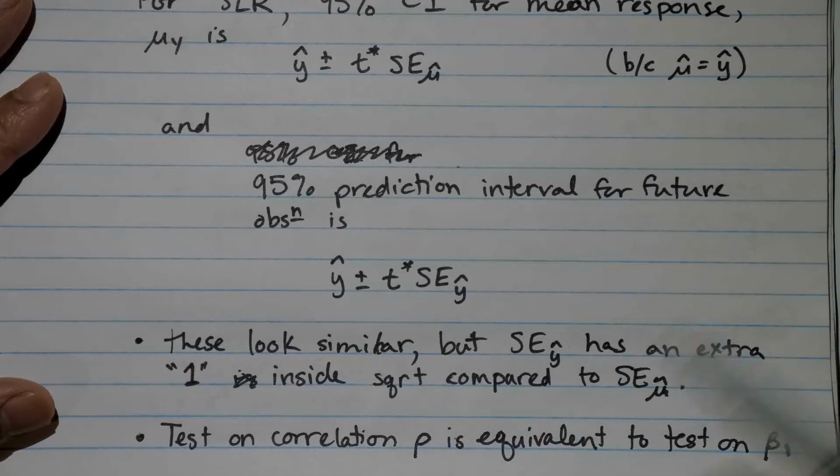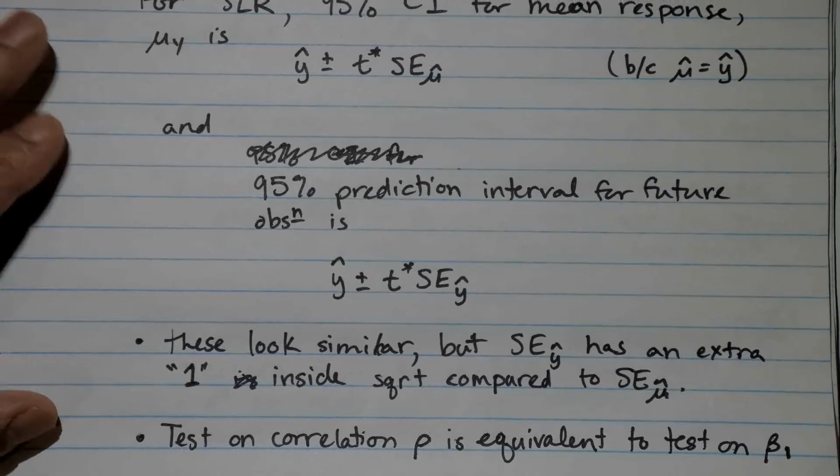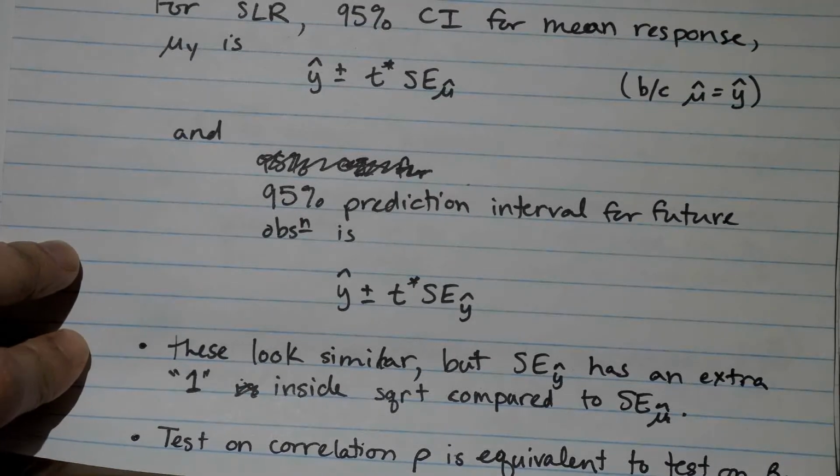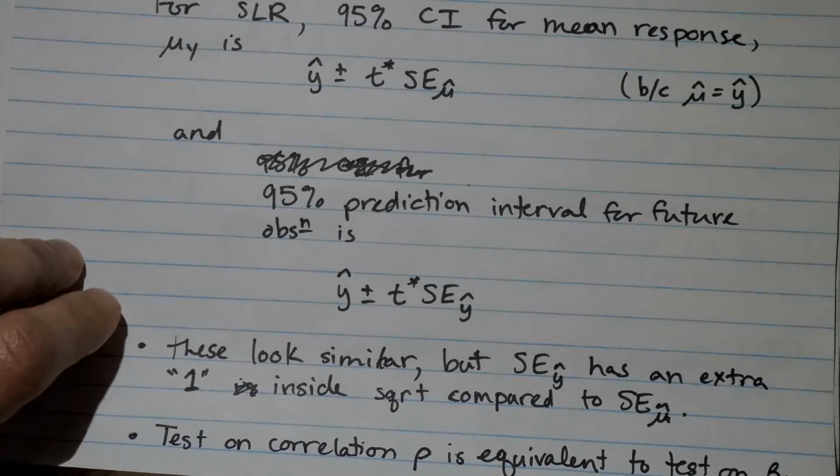Or on the other hand, if you only had output that allowed you to do a test on beta 1, you're implicitly doing a test for rho. So if you look at the test statistic that you get from doing the test on rho and the test statistic for doing a test on beta 1 in simple linear regression, when you numerically calculate that from data, you should find that your test statistics are actually equal to each other.